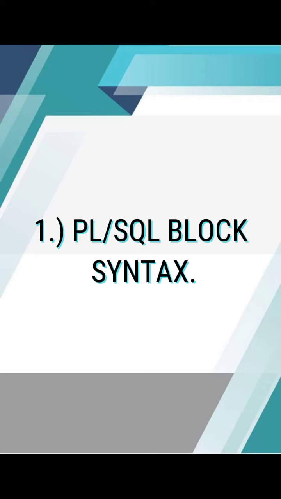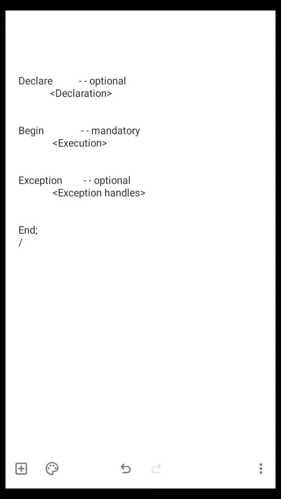This is called a block because the code that is executed in here is executed as a group and is a single element. The structure of a PL/SQL block is divided into three sections: the declaration section, the execution section, and the exception handling section.